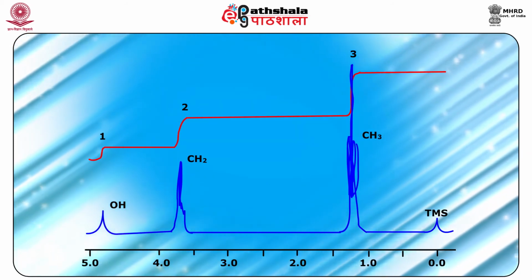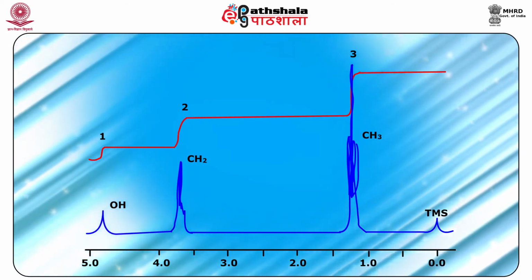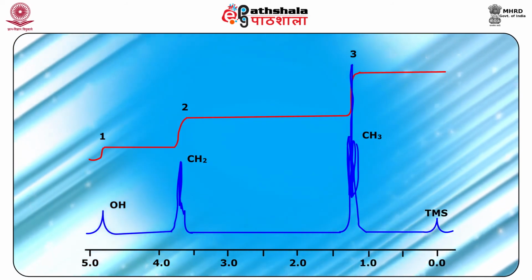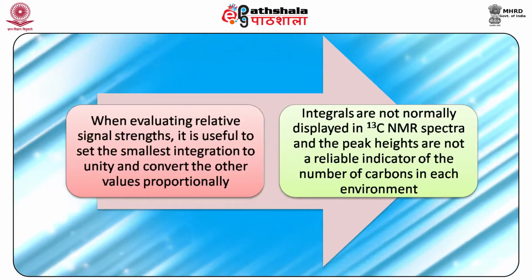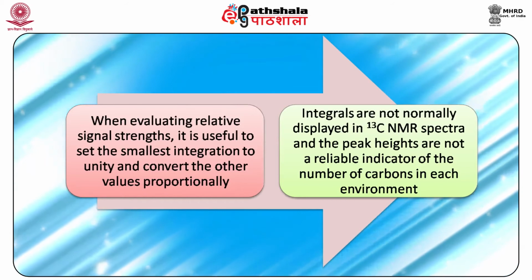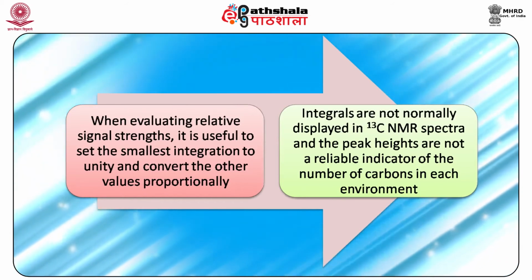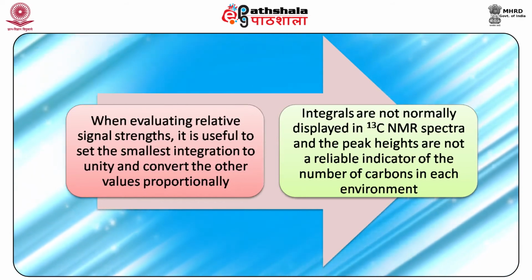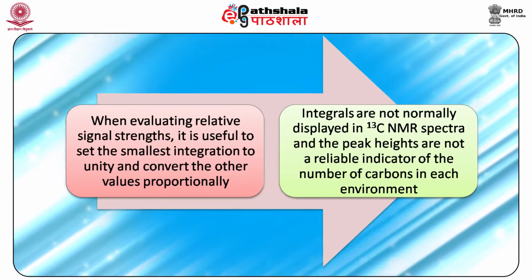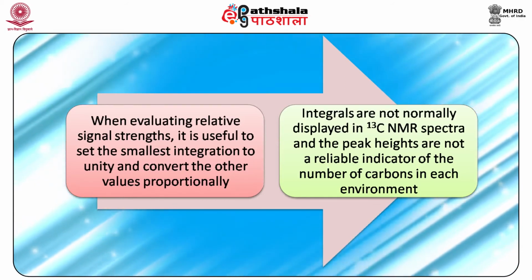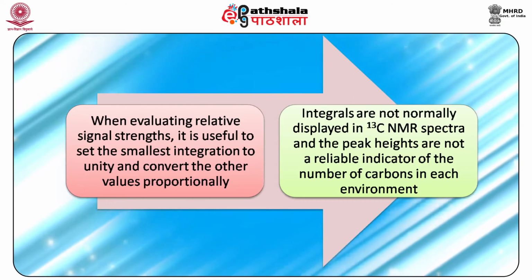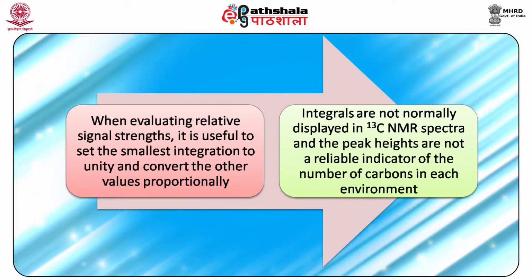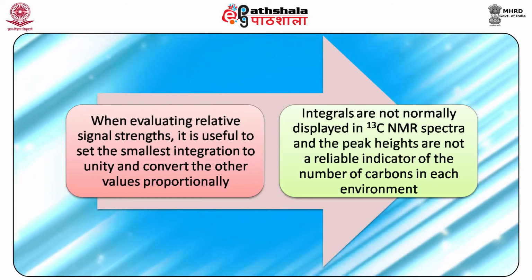And the integral line is shown in orange. Therefore, 3 peaks will be observed in the spectrum in the relative area of 3:2:1. Note students, when evaluating relative strengths of signals, it is helpful to set the smallest integration to unity and convert the other values proportionally.